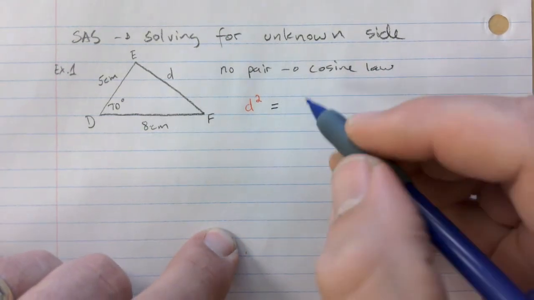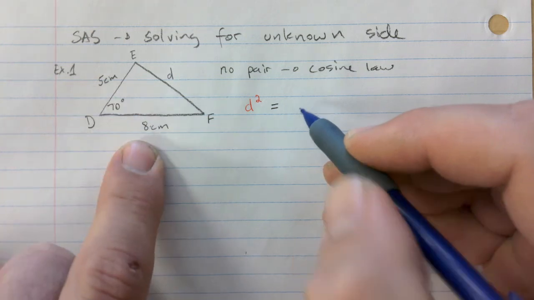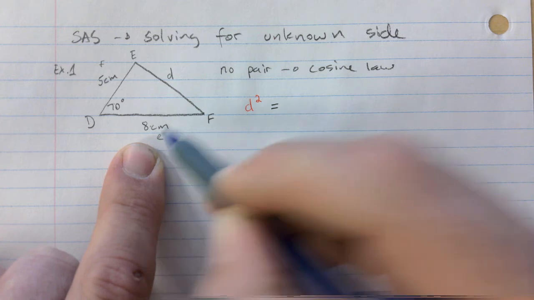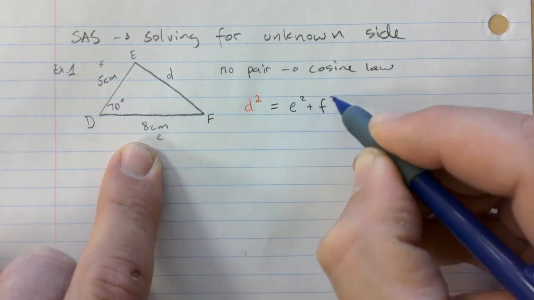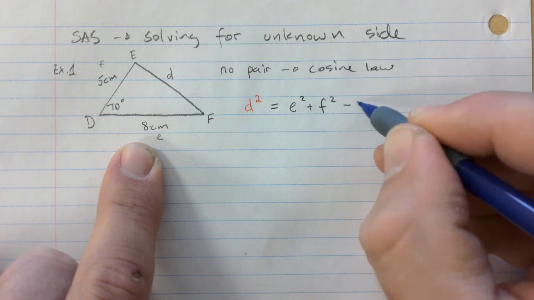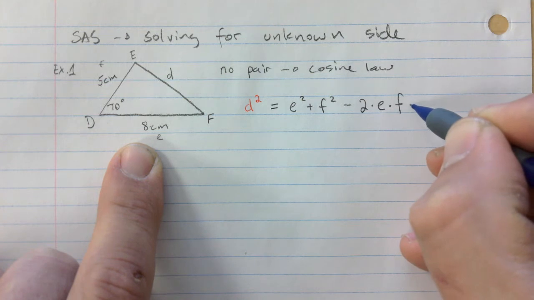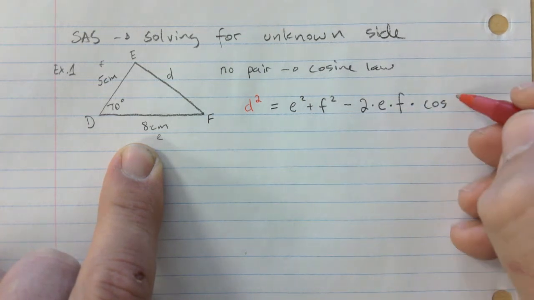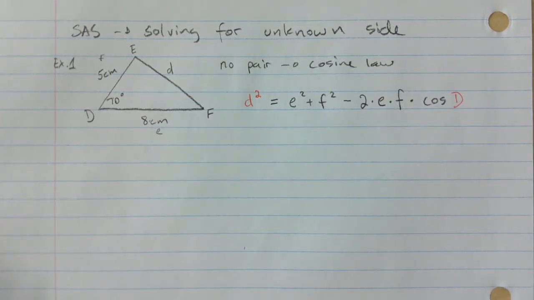And that'll be equal to the other two sides, which is E and F, right? This is F, and this is E. So that'd be E squared plus F squared minus 2 times side E times side F times cosine of angle D. See? So I want you to focus on the pattern.